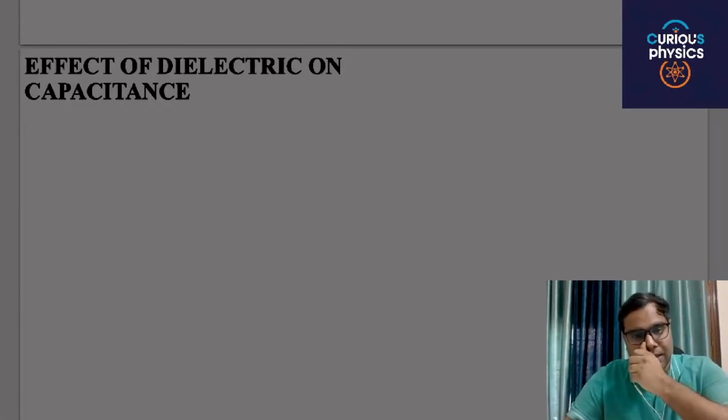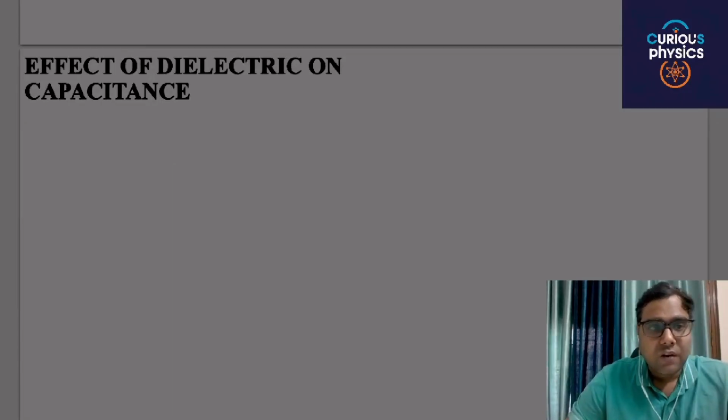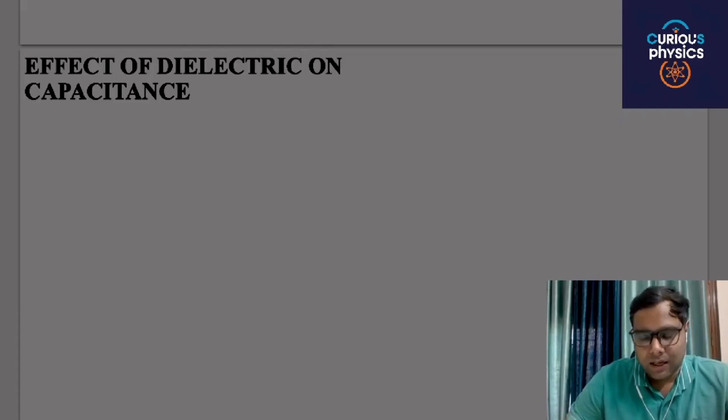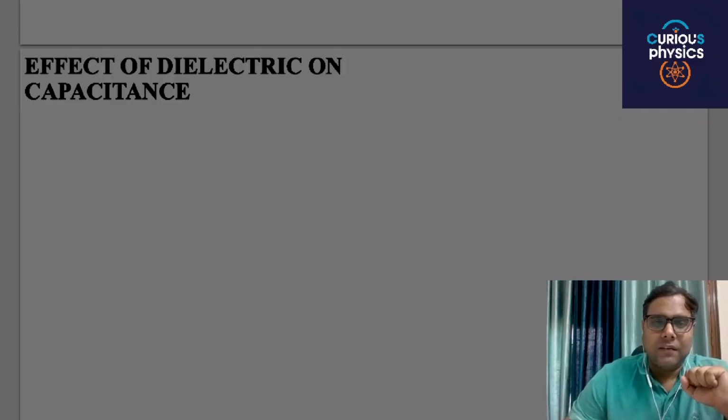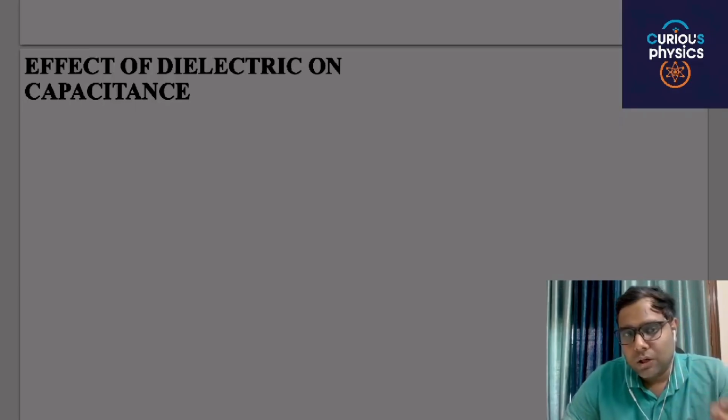And in the last section, before starting the topic of capacitor, we discussed what dielectrics are. If these dielectrics are placed in an external electric field, then the induced electric field is not equal to the external electric field, or you can say the electric field inside the dielectric is not equal to 0.